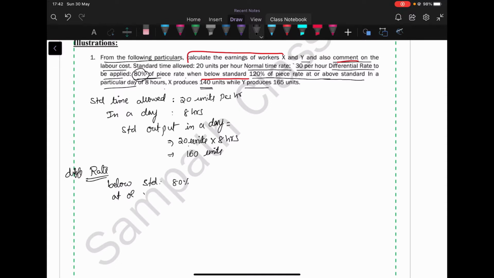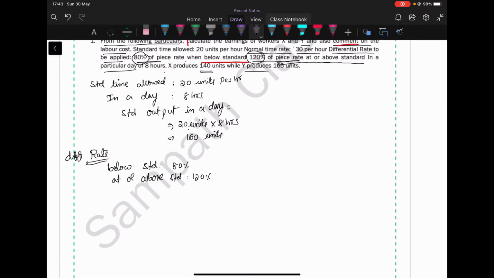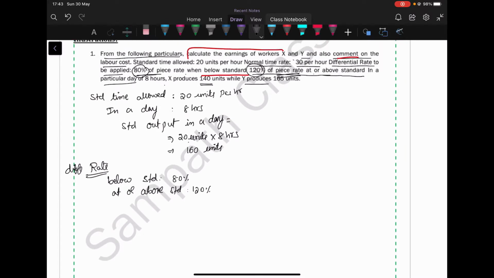At or above standard, 120% of piece rate. And the rate per hour is given as 30 rupees. You write here, rate per hour is given as 30 rupees. Rate per unit is not given.